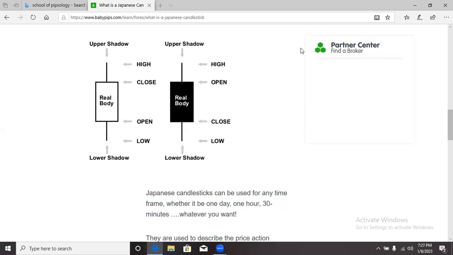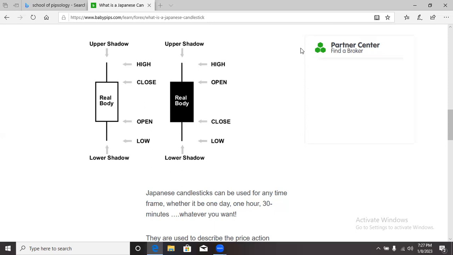The first one is the line chart, and then the Japanese candlestick. A lot of traders prefer the Japanese candlestick because it is more informative and gives in-depth details of what the market is really doing. That's why we prefer it to every other chart.